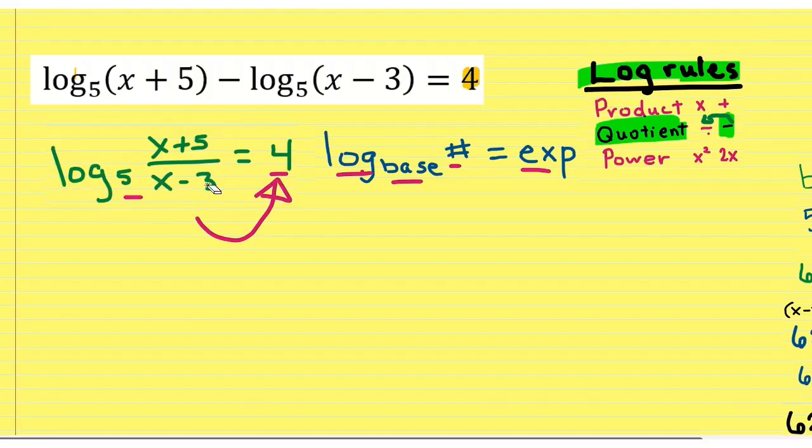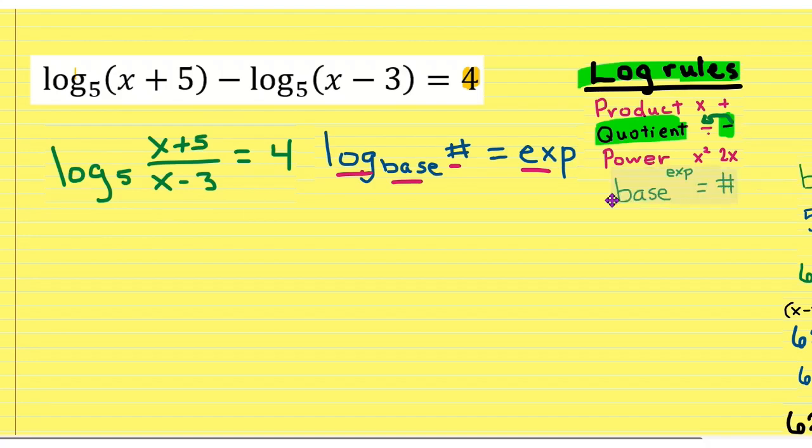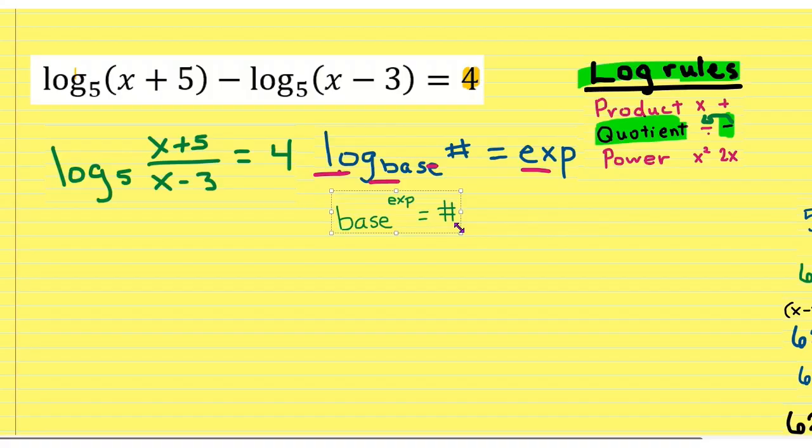But I really can't do anything to that in its current state. So what we are going to do, we are going to convert this log base form into the exponential form.